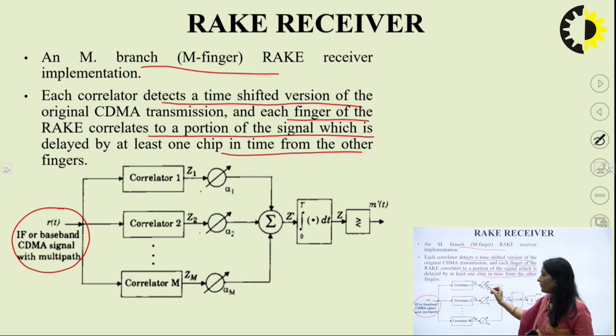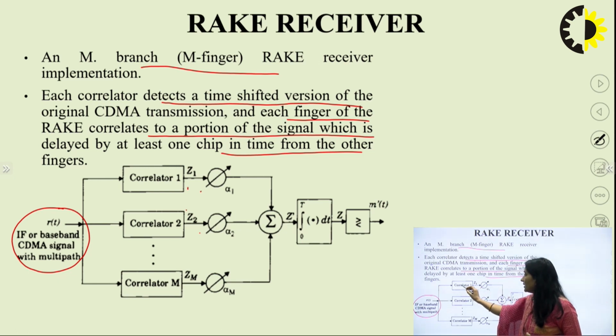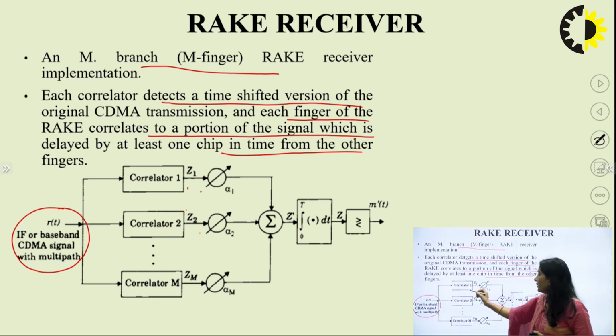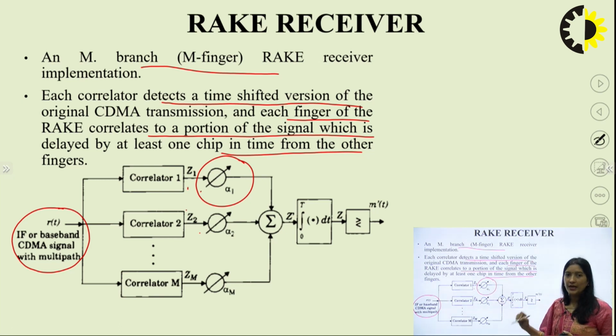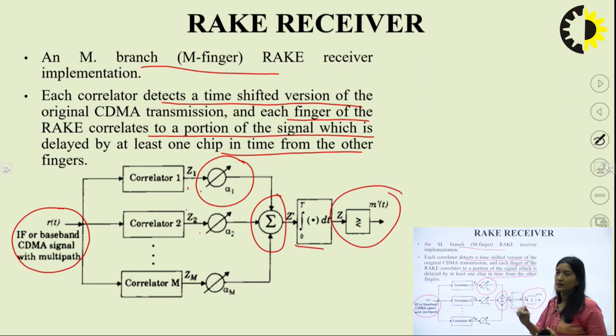r(t) is the IF component, or the intermediate frequency component, or the baseband CDMA signal with multipath. Then we have multiple correlators here: correlator 1, correlator 2 and correlator M. These correlators are the time shifted versions of multiple receivers. The original signal is time shifted and then we add some weights, alpha 1, alpha 2 and alpha M. Then we have a summer, then an integrator and then the decision making circuit.